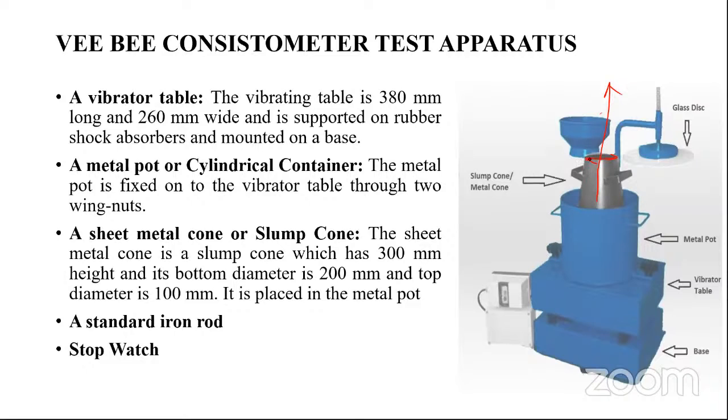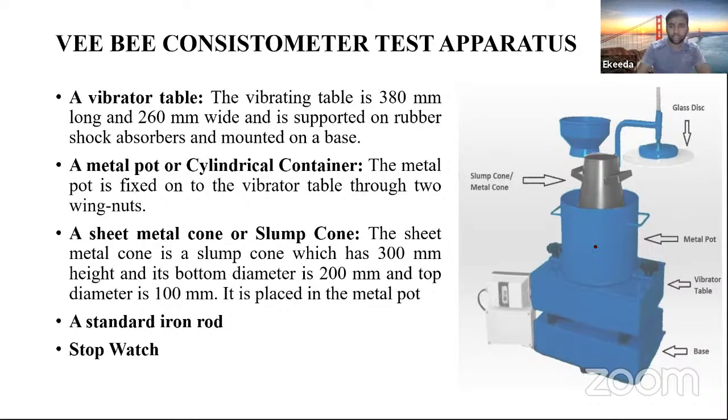Now, the reduction in the height of the concrete is the slump value, which we had already studied in the slump cone test. Now, after lifting this mold, that is the slump cone, we will start this vibrating machine, and the change in the shape of concrete will take place.